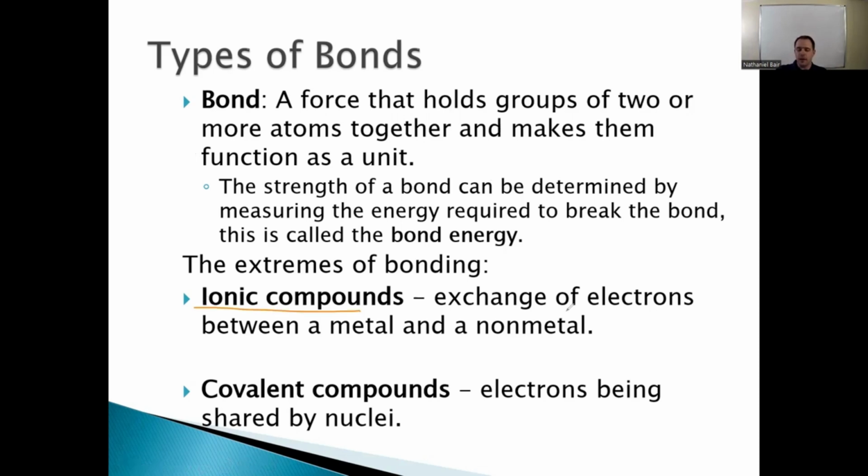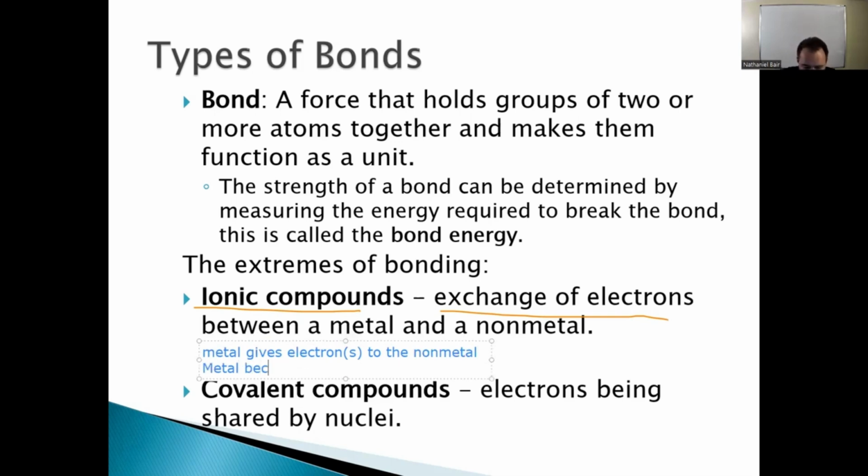In an ionic compound, there's an exchanging of electrons. That's what creates the ions, right? What always happens in an ionic compound is the metal gives an electron or electrons to the nonmetal. Every single time. What does that do?